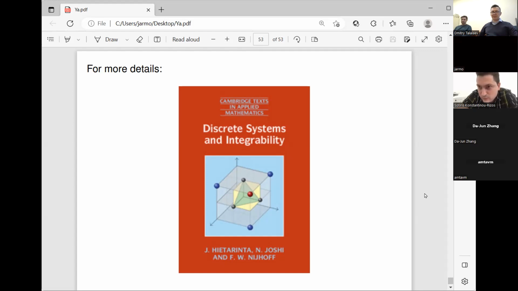I used two examples: the NLS equation, whose discretization is the Adler-Yamilov system, and then the Hirota KdV. The Hirota KdV also doesn't have the consistency around the cube property, but you can still construct a Bäcklund transformation systematically using the lattice pair.